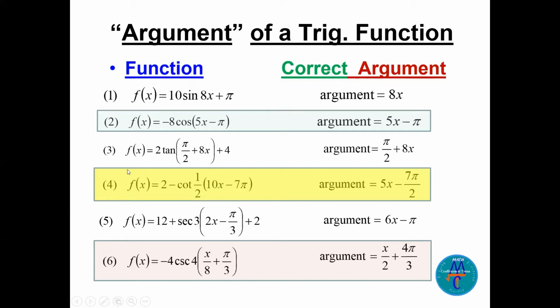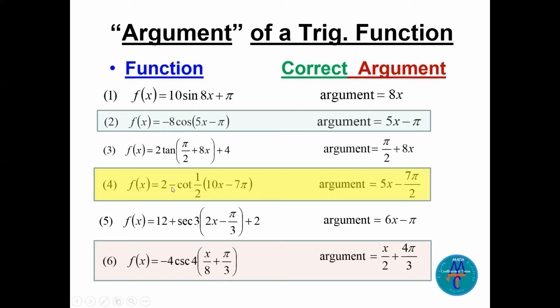Continue the same idea here, number 3. You have 2 tan of this one here, all this, bracket plus 4. So this is the argument here, pi over 2 plus 8x. So all this slide is telling you how to get the correct argument, because you will use this argument in many questions.